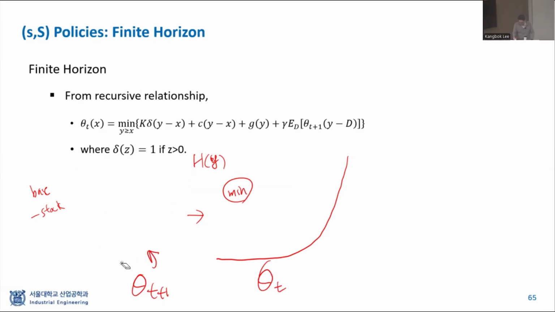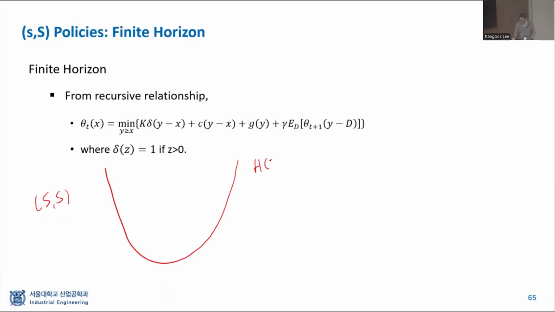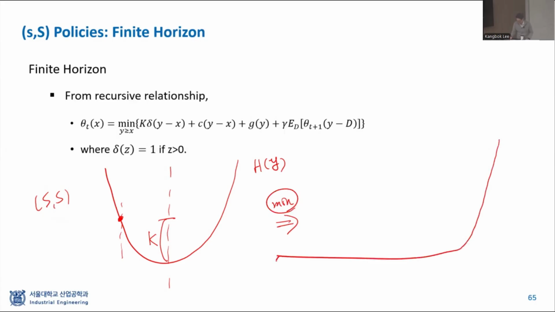Now we go back to small s, large S. You start from the same convex structure, and I know that you have to make an order here, depending on your position, and the difference is K. So by just applying the minimum, the resulting figure is not this, but what?